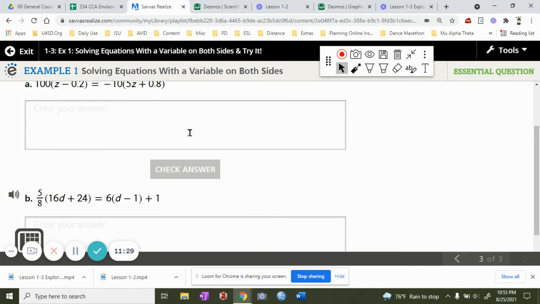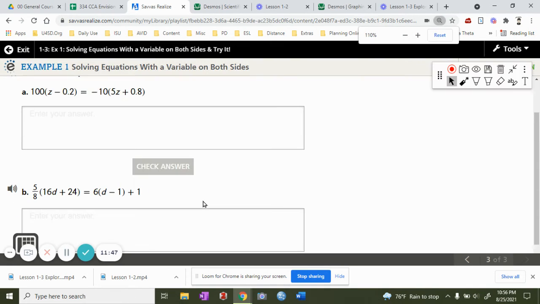The second one I want you to try is 5/8 times the quantity 16d plus 24 equals 6 times the quantity d minus 1 and then plus 1. So take your time with these, work through it, and then test your answer to see if it is correct.